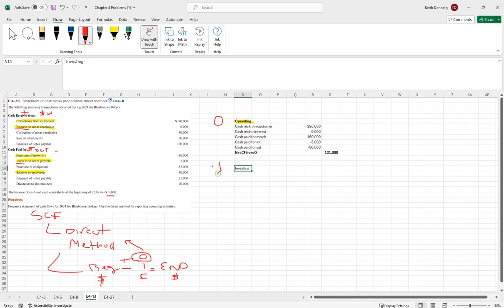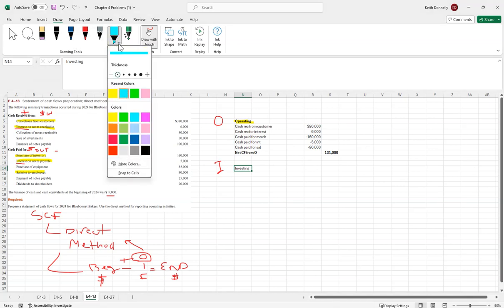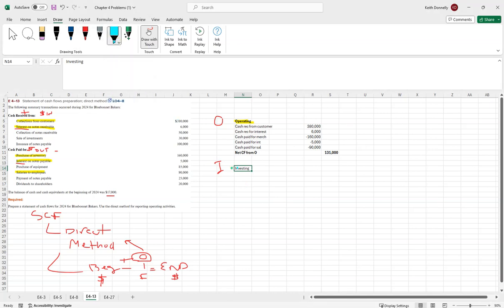Right, so we got the I here for investing. And let's make this guy blue, okay? So here, with investing, this is going to include things like PP&E, investments, notes receivable, like the underlying notes receivable. It's things the company is investing in or planning on making money from.